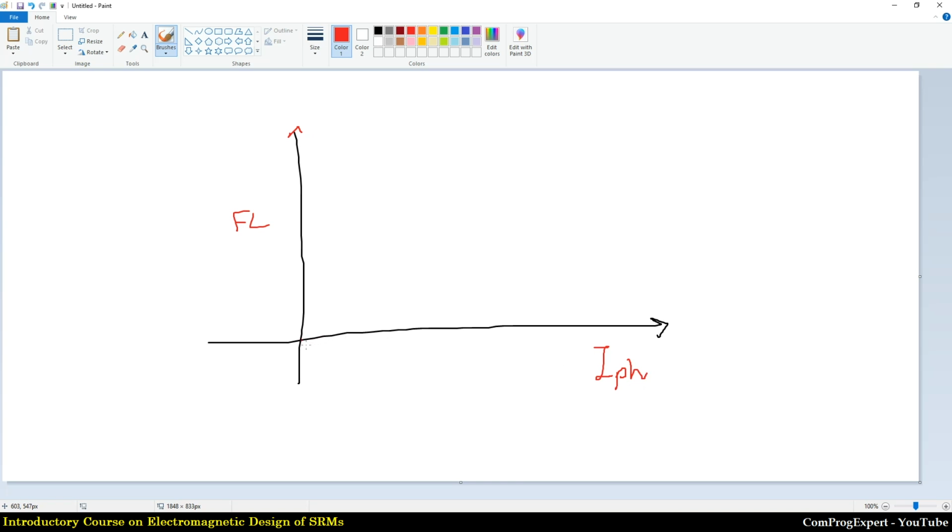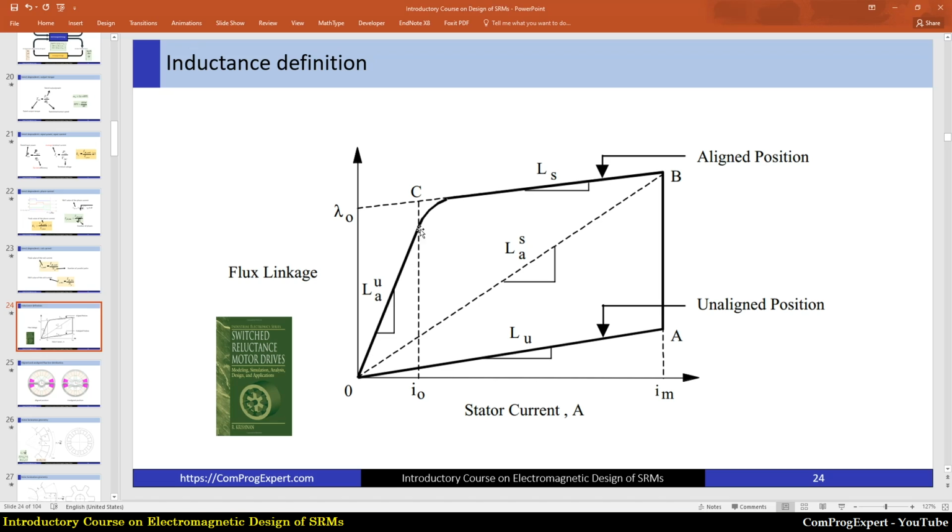In the aligned position, we have this curve. This curve is similar to the HB curve of the electric steel, right? Actually, this curve reflects the HB curve of the material, the electric steel.